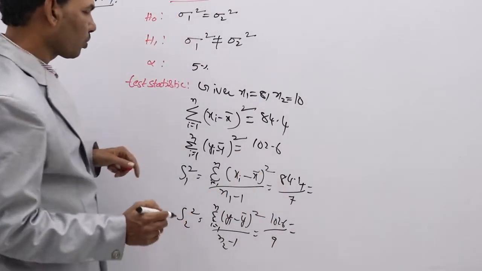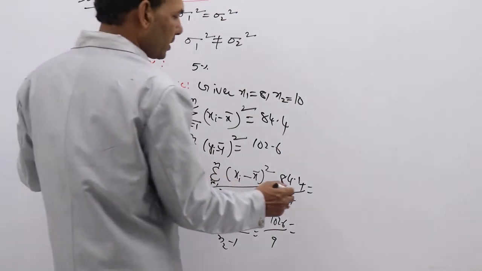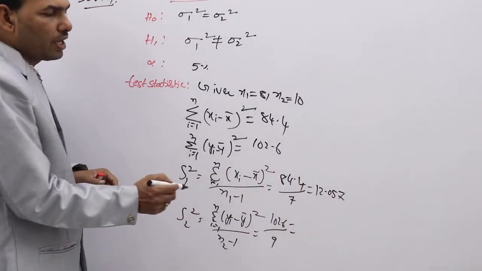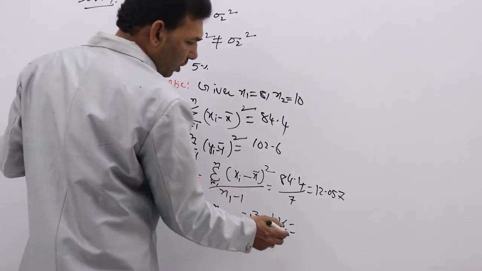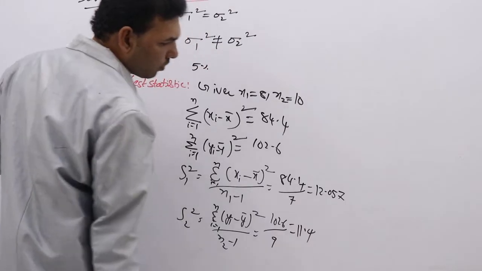Use your calculator to get S1 square and S2 square values. S1 square is 12.057. If you type 102.6 by 9, you will get 11.4.